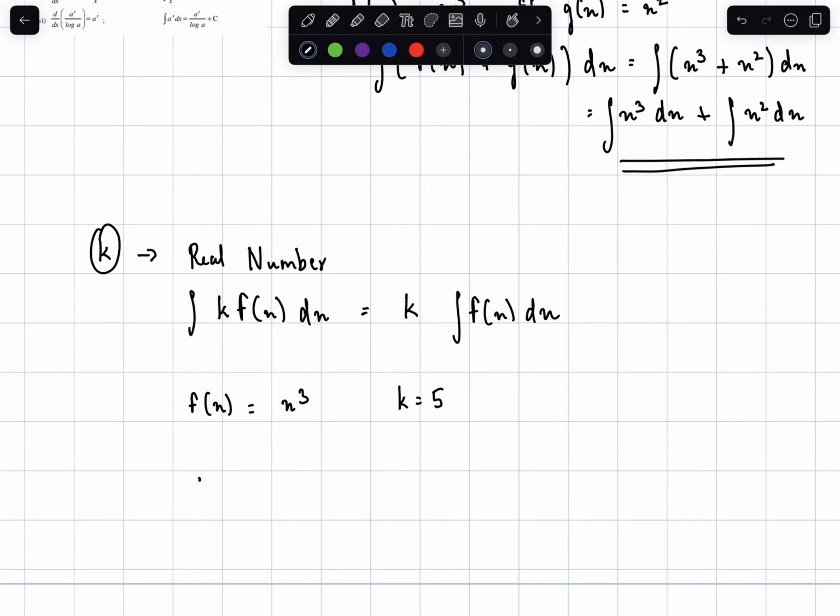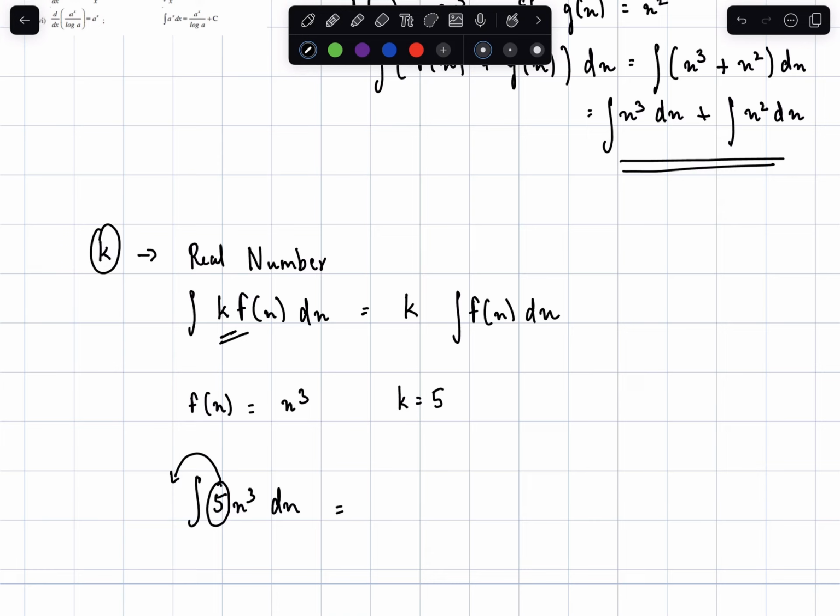So let's just substitute the same function as this, which I've highlighted. So the integral of 5, and what is f of x? x cubed dx, correct? Now because 5 is a constant value, a real number, we can bring this out. We don't have to involve it with the integration.